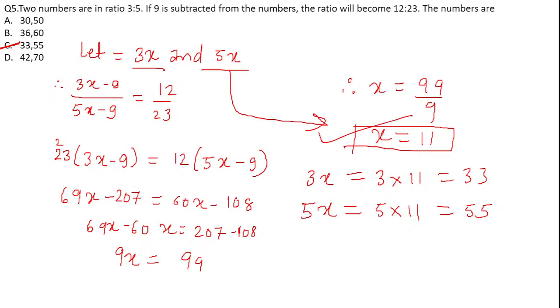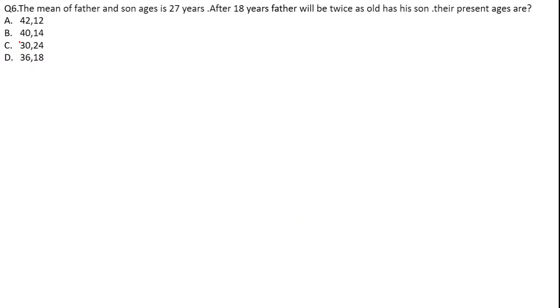Now let's move toward the next question. The mean of father and son ages is 27. After 18 years, father will be twice as old as his son. The present ages are.